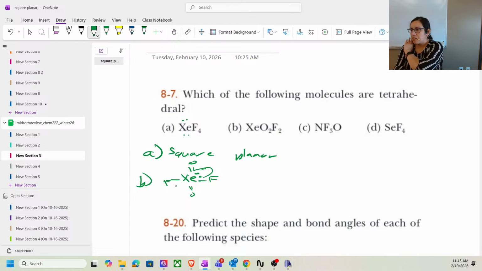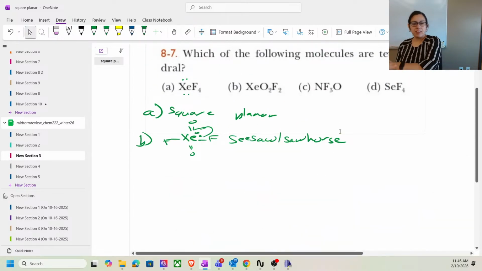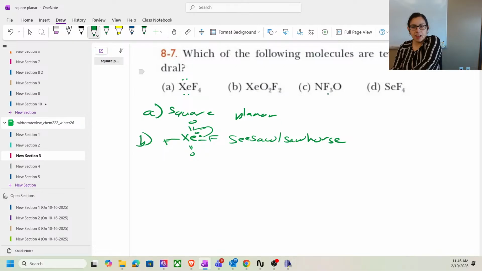Somebody said it. Say it louder. Yeah, seesaw, sawhorse, teeter-totter if you really wanted. Yeah, good. All right, what about C?